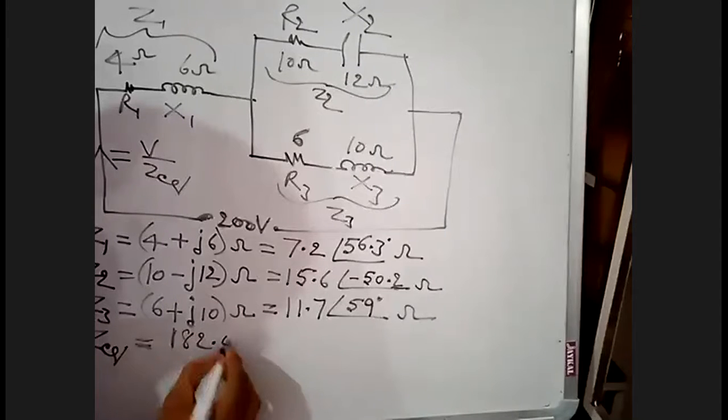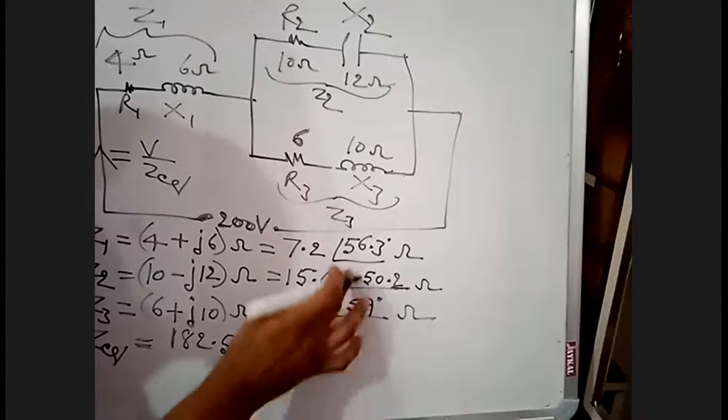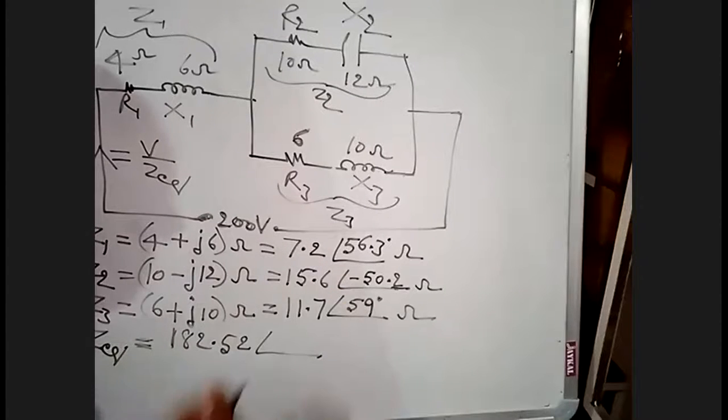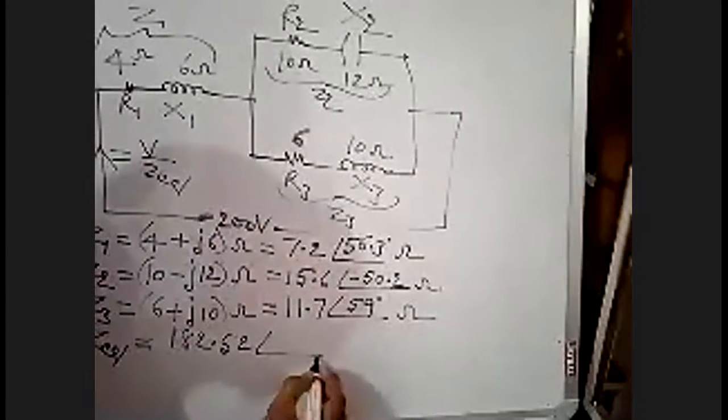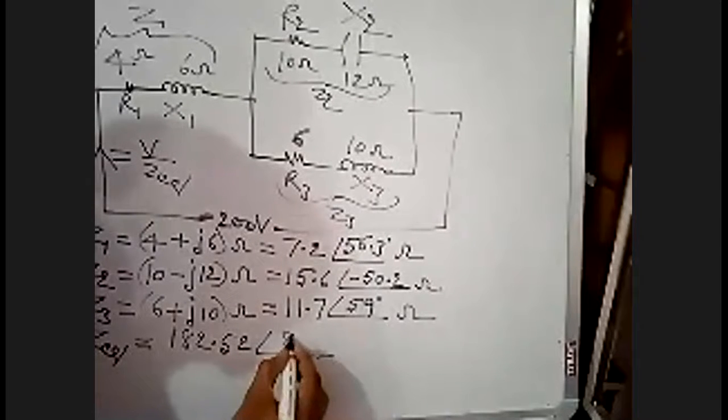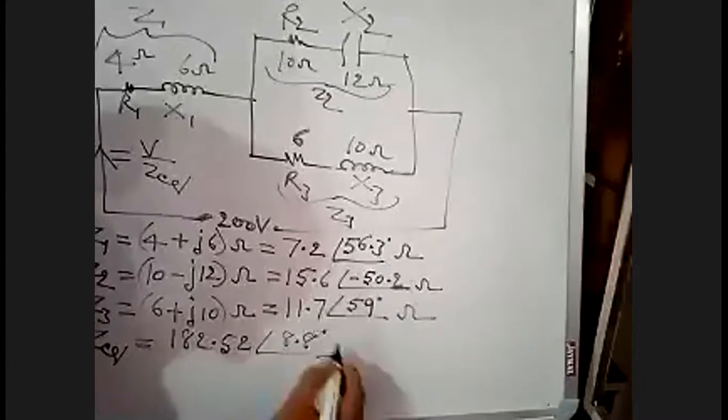What are these two angles? 59 minus 50.2. Add these two angles: 8.8 degrees. We have calculated the numerator Z2 Z3; now divide by Z2 plus Z3.